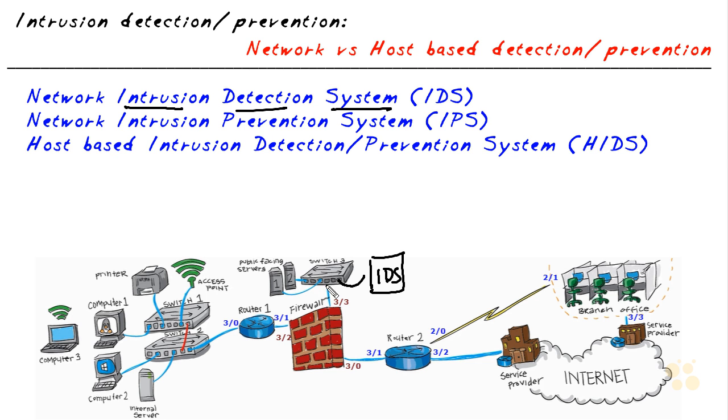And then we could train the switch to take all the traffic and replicate it or copy it over to that port. So now, in effect, this intrusion detection system gets to see all that traffic that is going to the web servers. And then this intrusion detection system can use a variety of methods to identify whether or not the traffic that's going to those web servers is malicious.